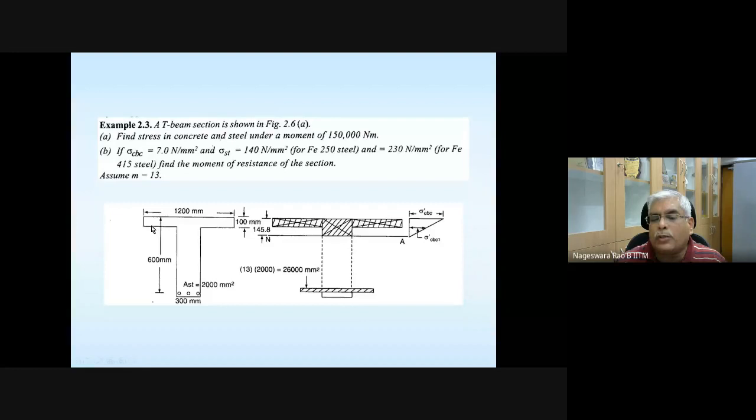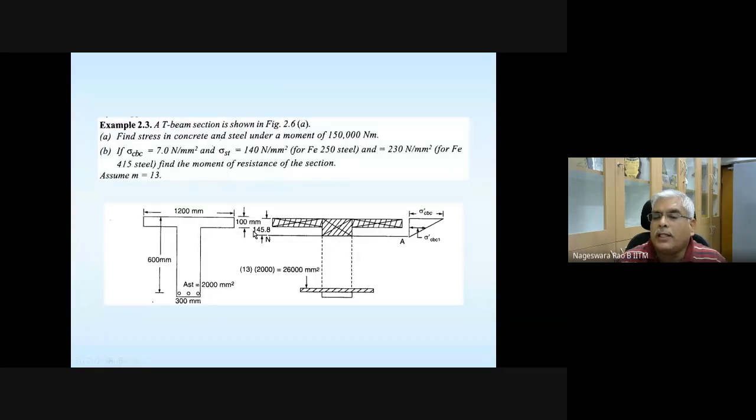You start assuming the neutral axis to coincide with the bottom of the flange, then only the flange region is going to be in compression. So the area of the region which is in compression is going to be just the flange portion.